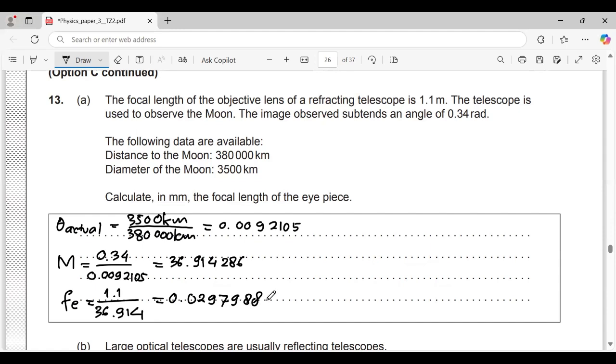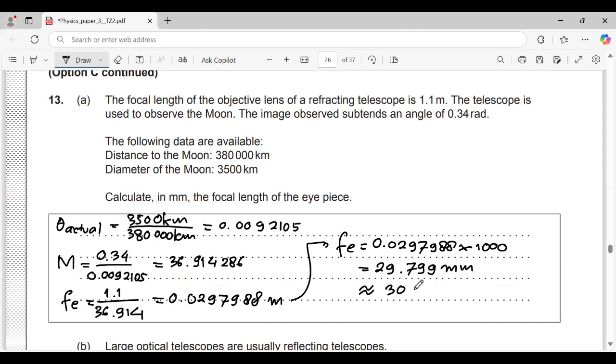This is in meters, so I would like to convert into millimeters. It means this number multiplied by 1,000 is equal to 29.799 millimeters. Rounded off becomes 30 millimeters. That one.